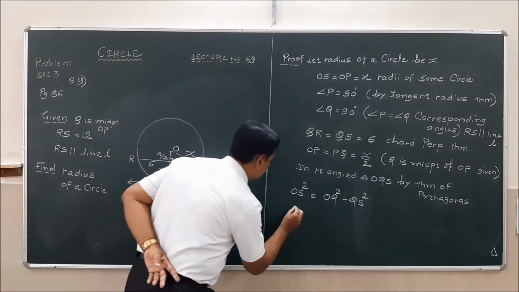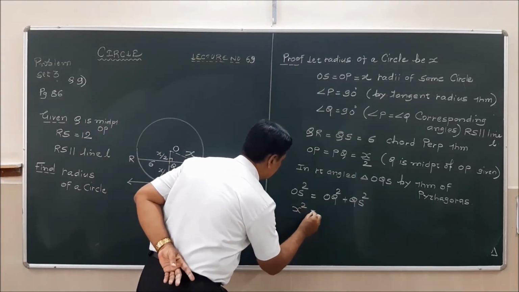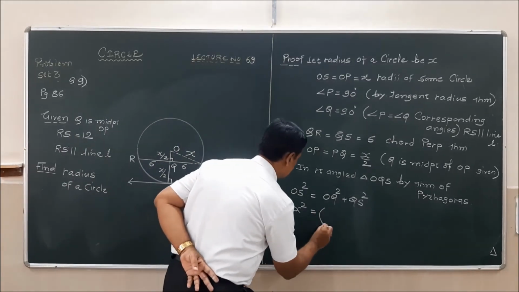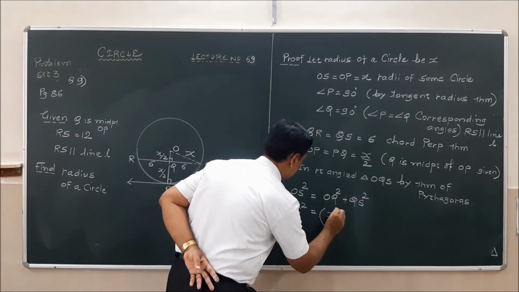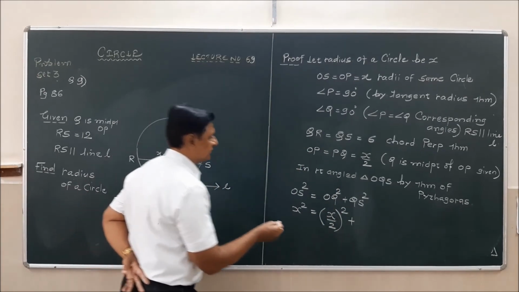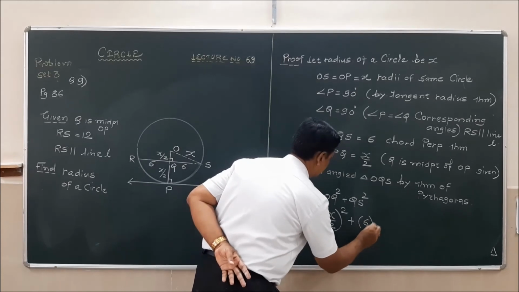So x square is equal to x upon 2 the whole square plus QS, which is 6 square.